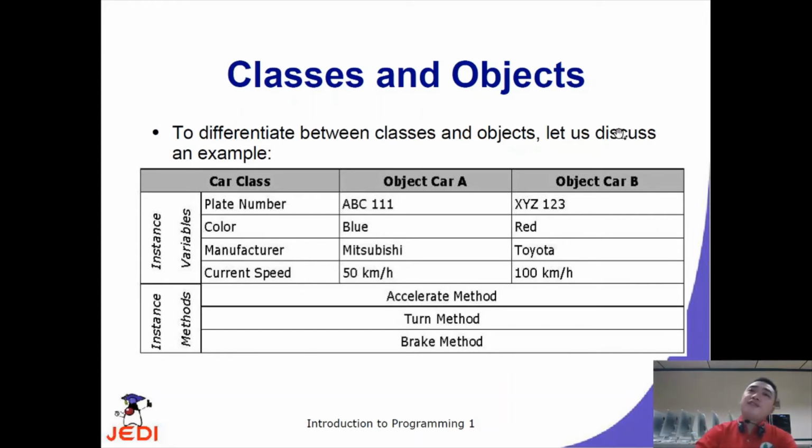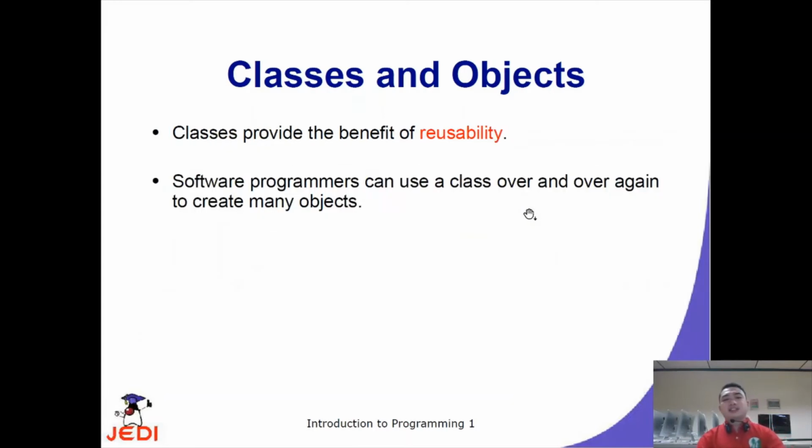As I have mentioned earlier, objects are instances of whatever has been defined in the car class fields, and the methods are also the same across the different objects, based on the methods defined in the car class.